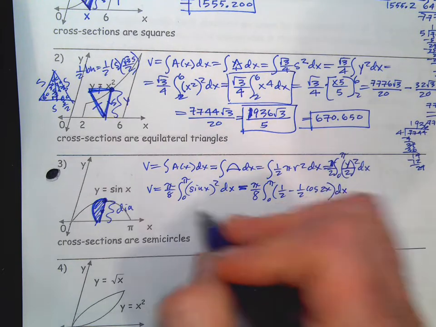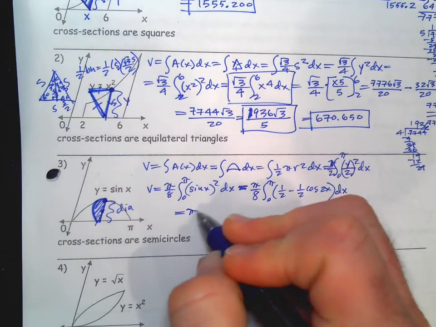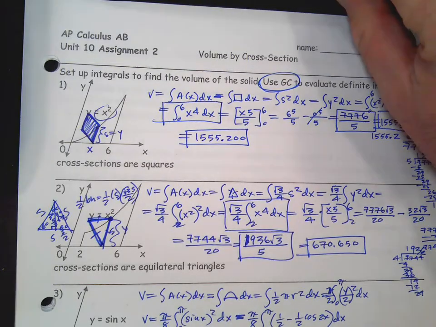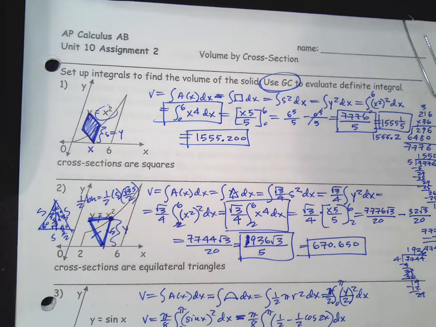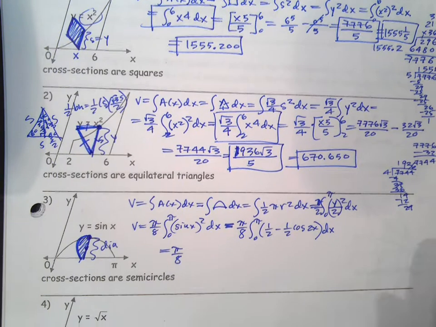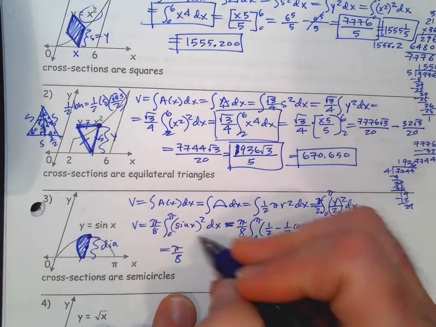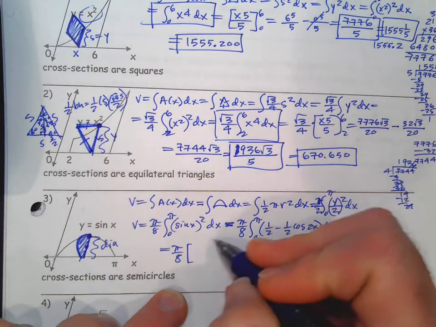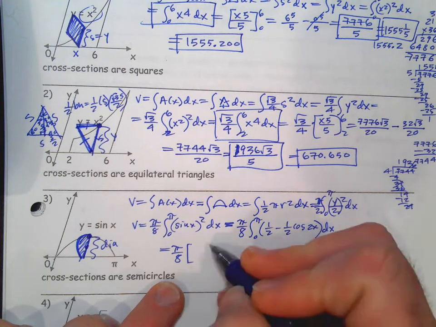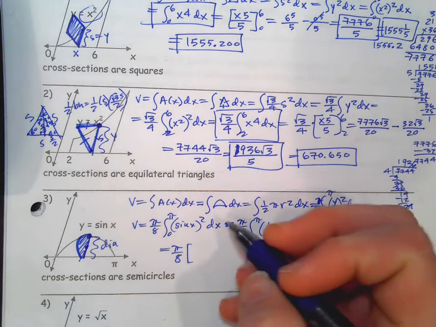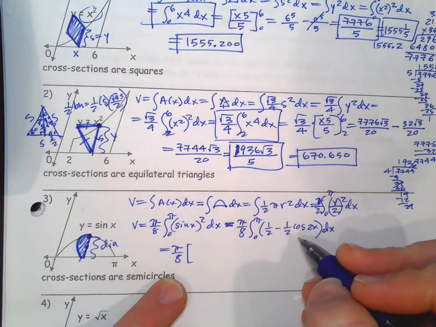Now, if you're going to integrate this, we're going to do pi over 8. It's a trig identity, but we encounter this a lot in Calc BC.